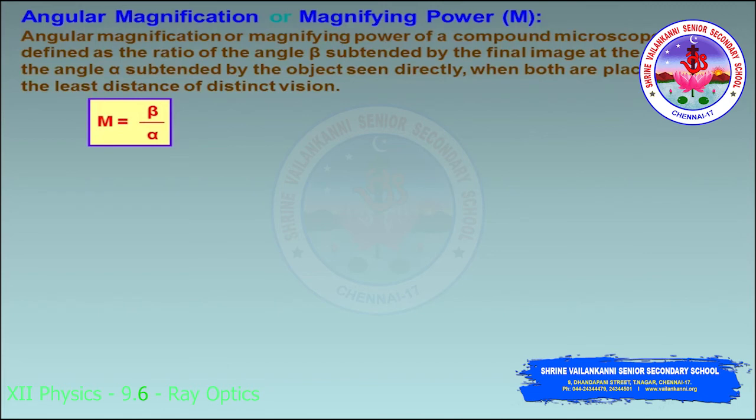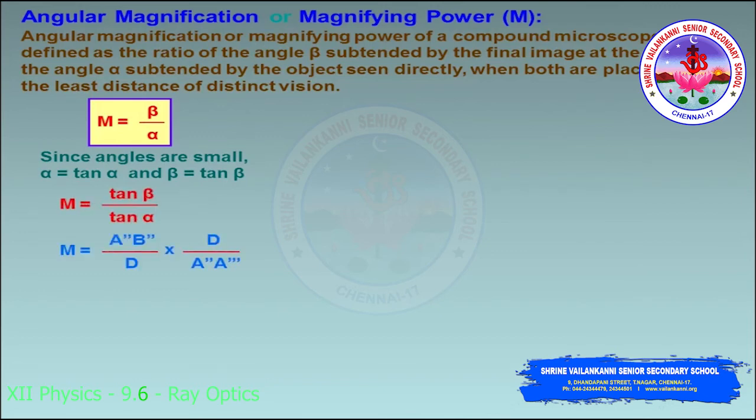So the magnifying power m is equal to beta by alpha, which is tan beta by tan alpha, which is equal to A''B'' by D, for tan beta, divided by AB by D, as we have seen in the diagram itself.